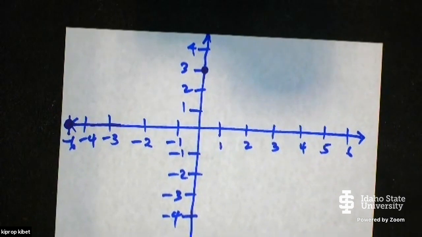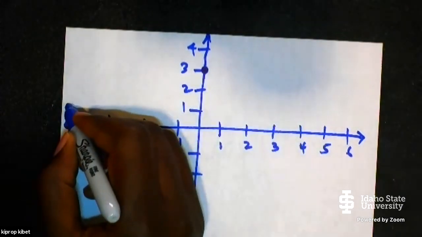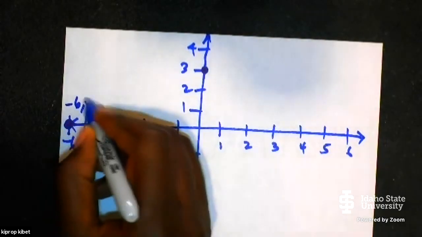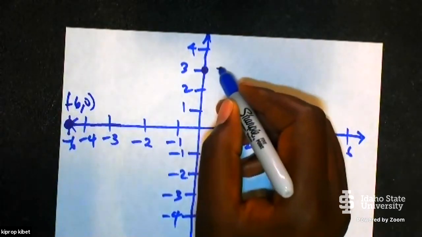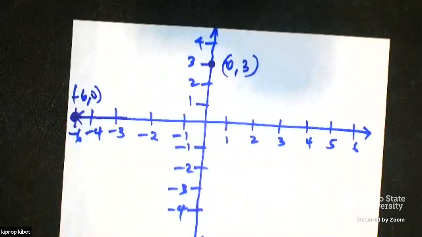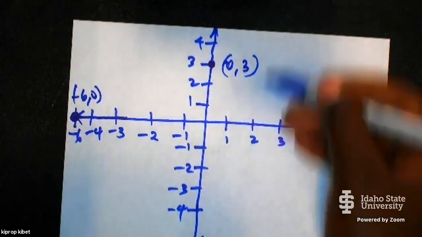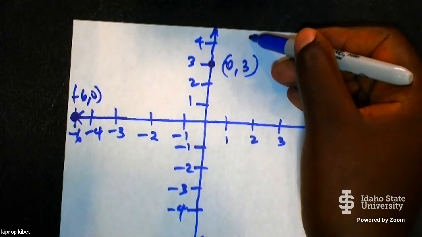Okay. So this one is 0 and so this one is minus 6, 0, and then this is the point 0 and 3. Then the next point is what? 2, 4. So the next point is 2, and then 4 is somewhere there.